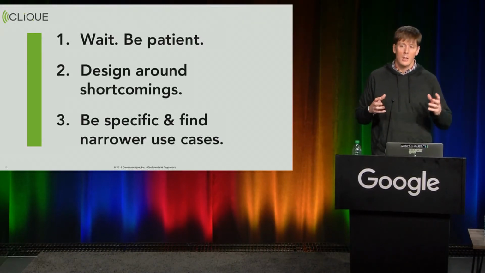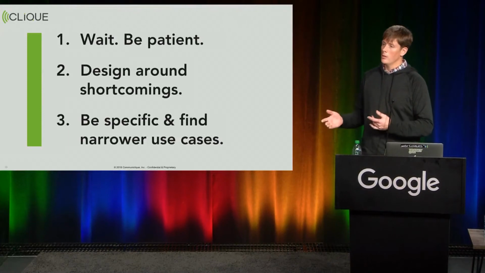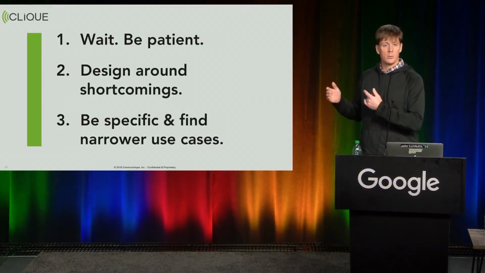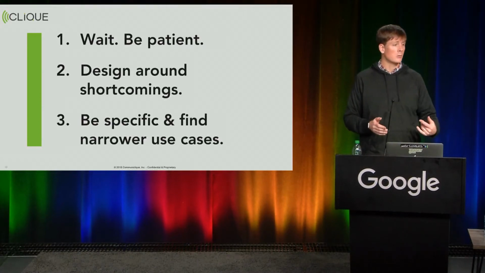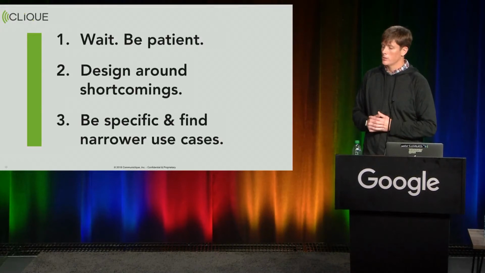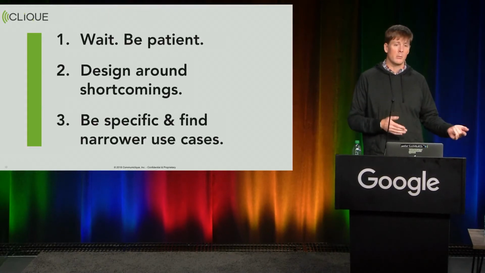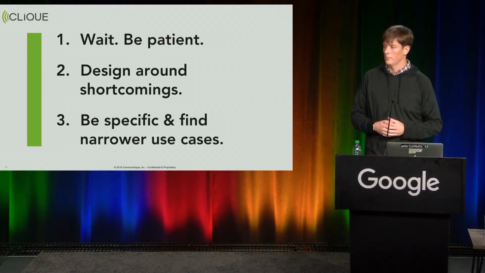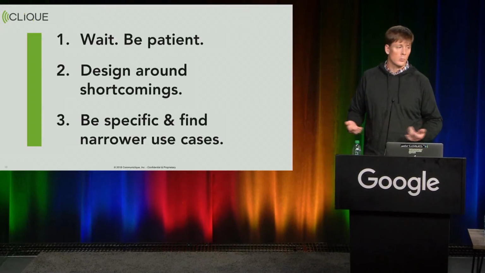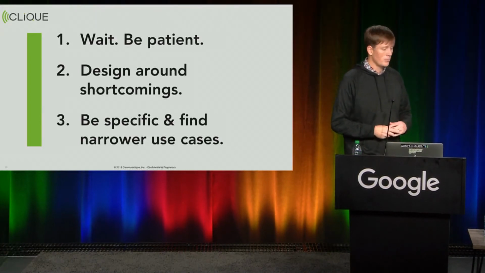Really evaluate your application, deploy it in example apps, understand the differences between iOS Safari and Android Chrome and how it works across all those different applications. And find very narrow use cases when you're implementing anything inside a mobile browser. Just some tips. I thought it'd be nice and quick.